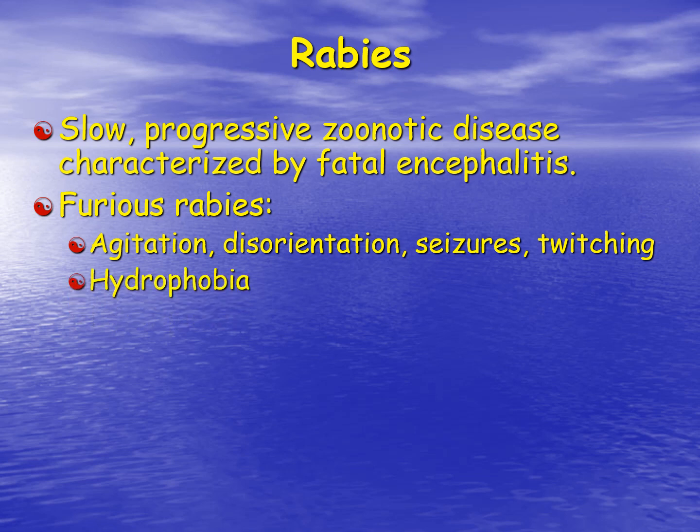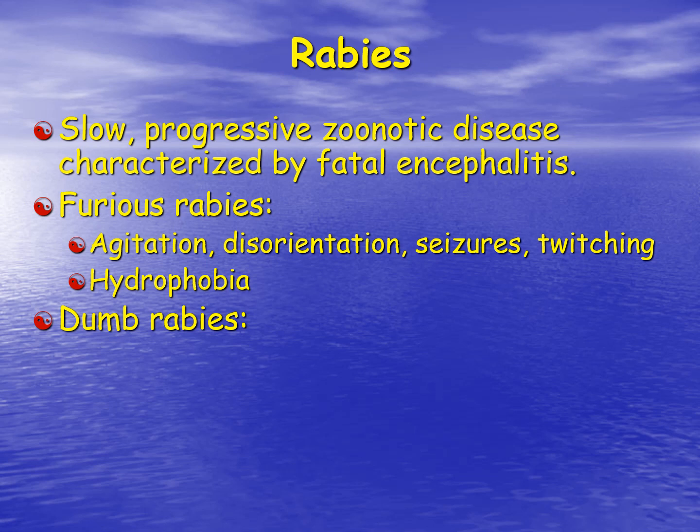They oftentimes also have hydrophobia, and even though they are very, very thirsty, they don't want to drink, and yet they are foaming at the mouth, and that's what the hydrophobia is. Fortunately, the furious form is actually the less common form.